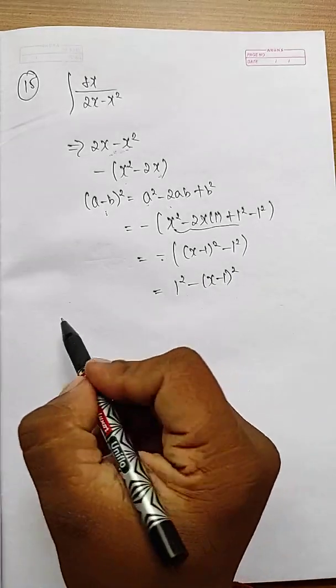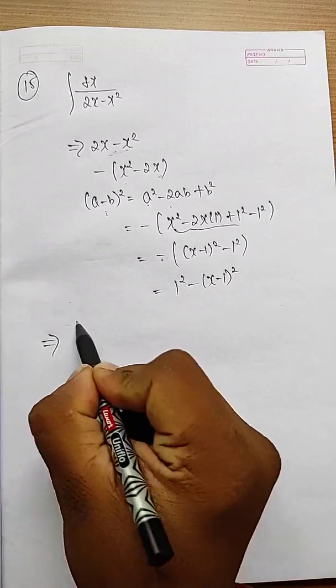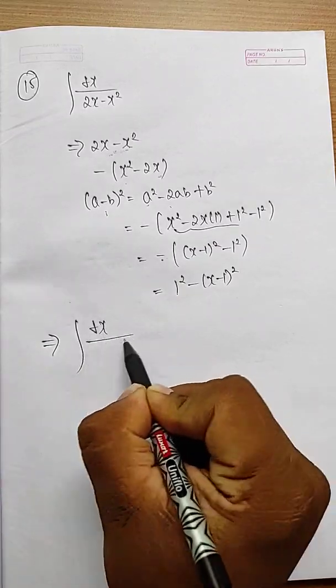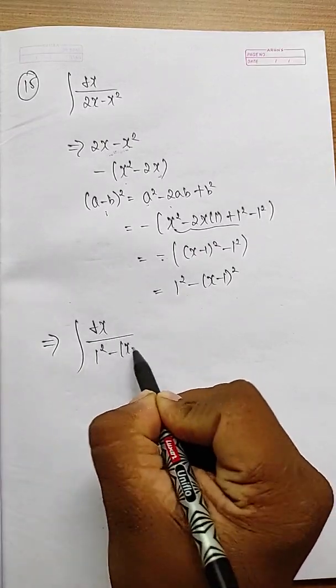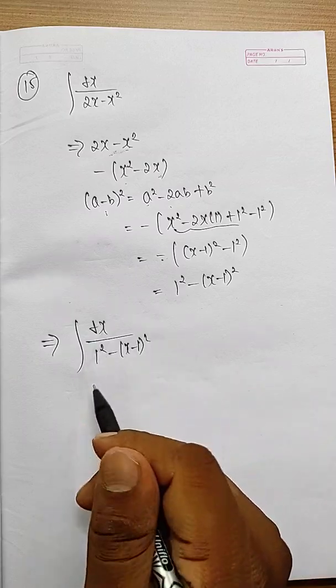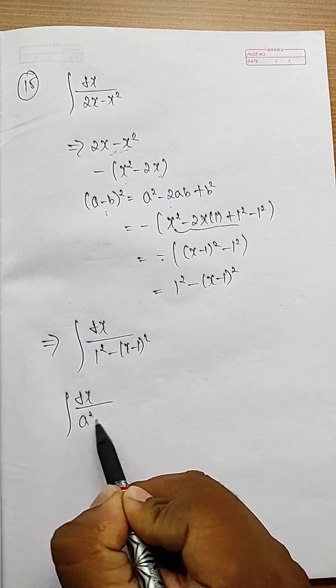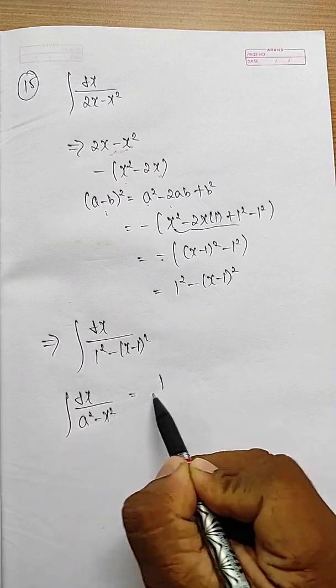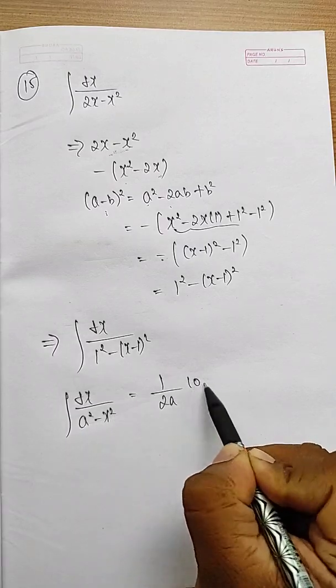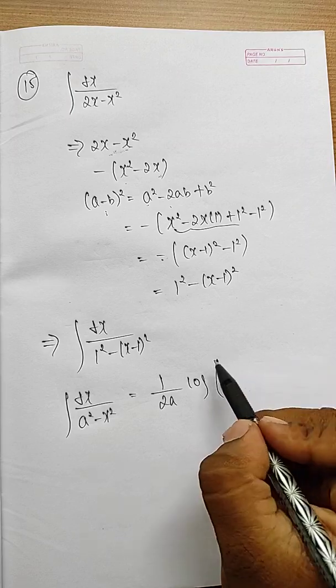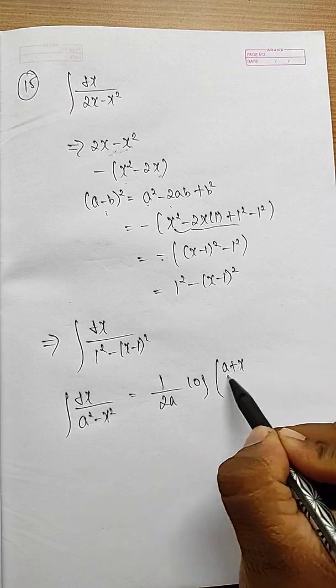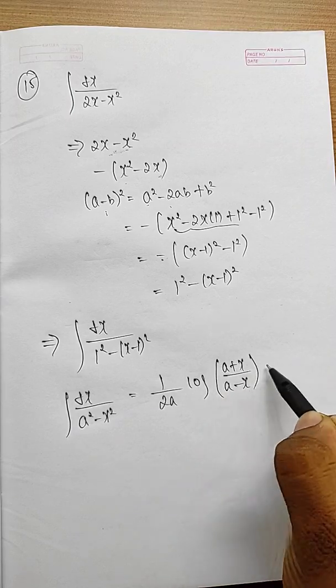Now integration of dx by 1 square minus x minus 1 whole square. So you want to compare the given problem with the standard form. Integration of dx by a square minus x square is equal to 1 by 2a log of a plus x by a minus x plus c.